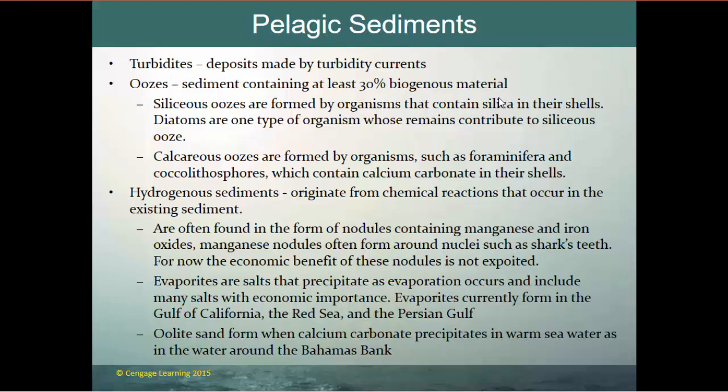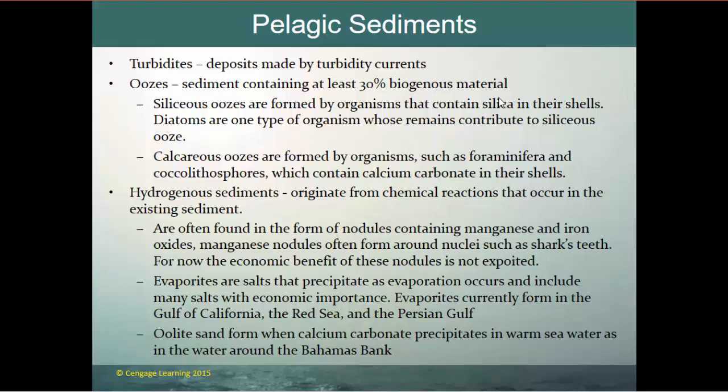So you have the silicate oozes that are formed by organisms that contain a lot of silica in their shells. Diatoms are one of those organisms whose remains contribute to silicate oozes. And then calcium oozes are formed by organisms that have a lot of calcium carbonate in their shells. So different types of oozes based on the different types of sea creatures that die and fall to the bottom of the sea floor, and the different types of sea creatures essentially based on the different ocean environment.